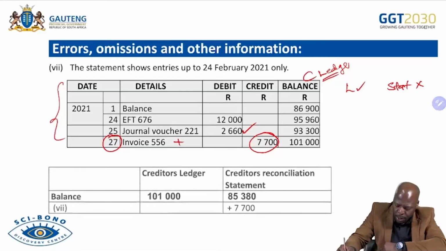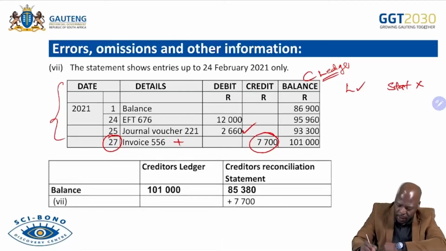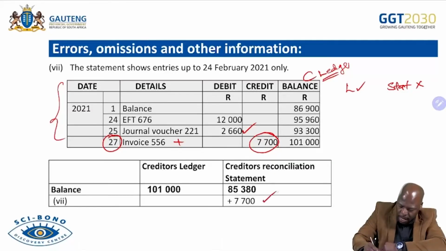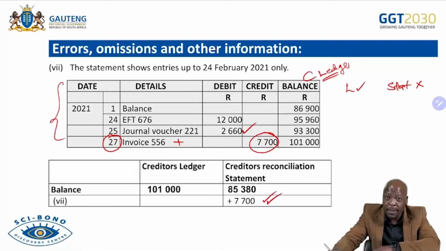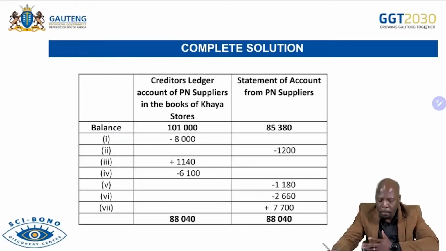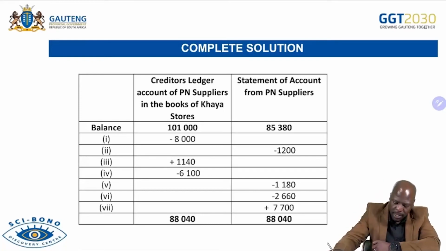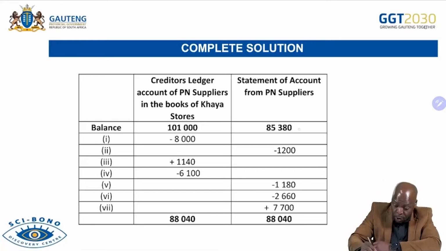So that means I'm coming now to the creditors reconciliation. I'm going to add my 7,700. That is a plus 7,700. Now let's look at the complete question. As I said earlier on, you need to include the opening balance there, together with the 1.2, remember we dealt with it, and the 1,180, you subtract your 2,660, then you add your 7,700.